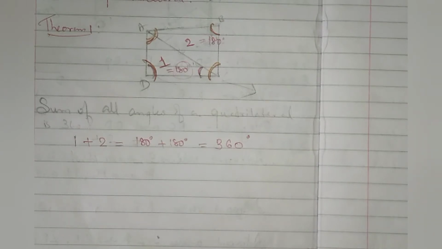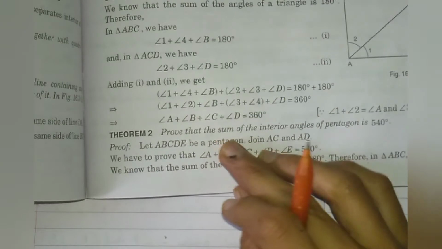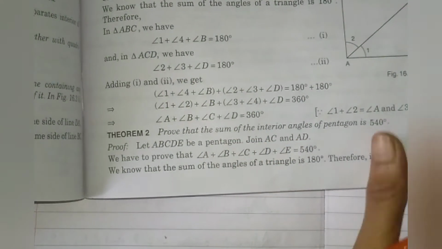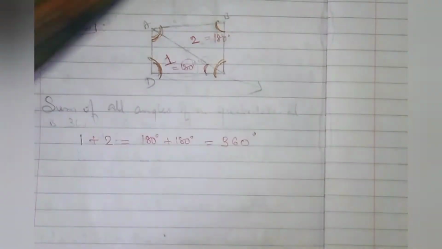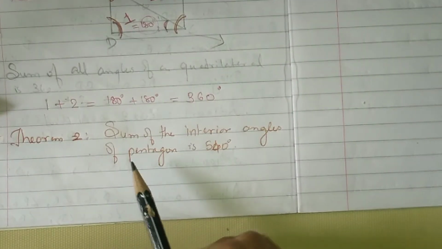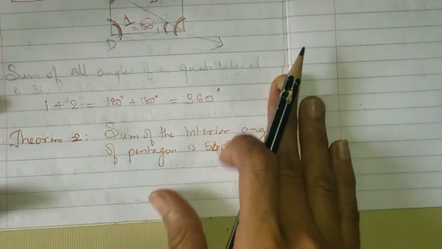Now we'll go to theorem 2: prove that the sum of the interior angles of a pentagon is 540.